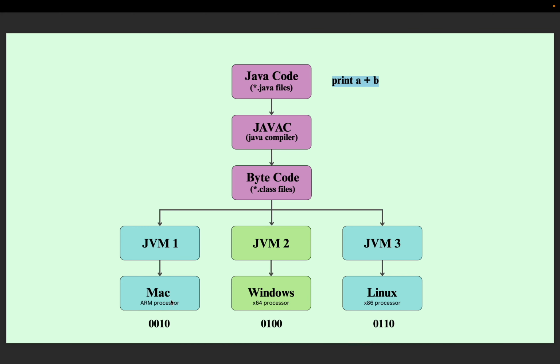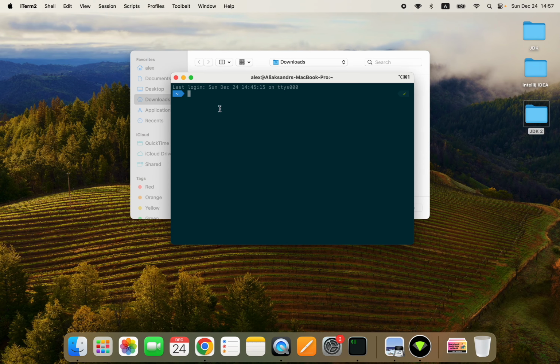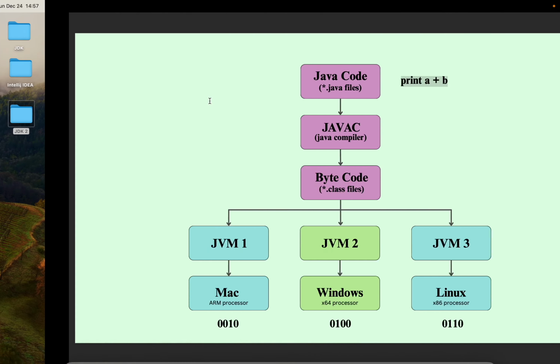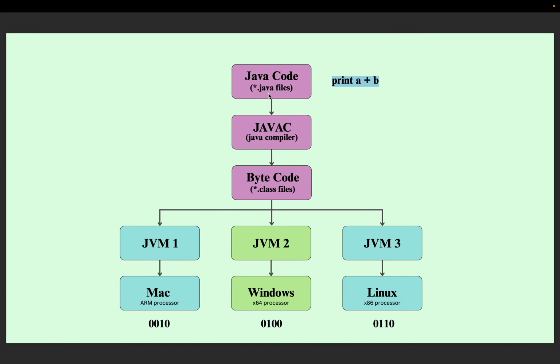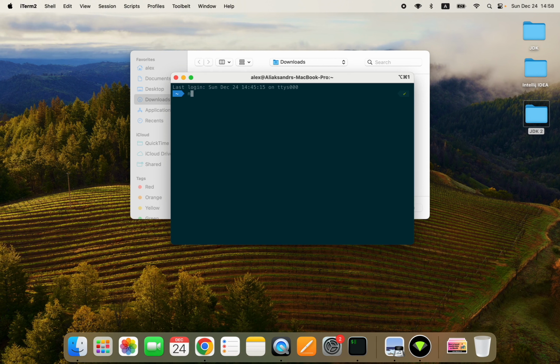Now let's move on to practice and let's repeat all these steps. Okay? I will use iTerm as a terminal. And the first thing we need to do is to create a file with the Java extension. I will use nano command, and the file will be runner.java.